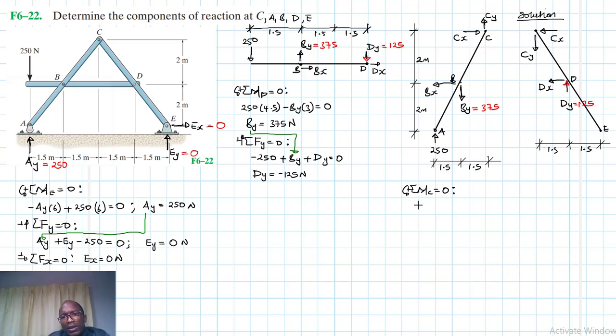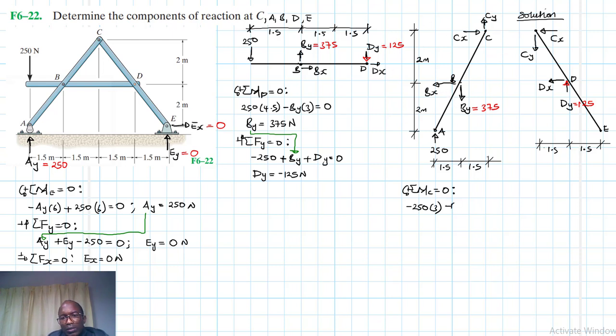Okay, so let's work it out. What do we have? Moments about that. We have a minus 250 by 3. What else? Yeah, in that direction, clockwise, and also this one.